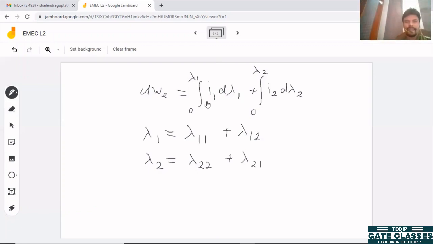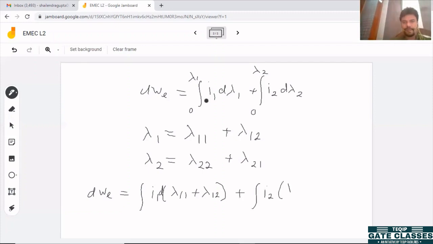So putting in these values, we can denote here I1 d of (lambda 11 plus lambda 12) plus I2 d of (lambda 22 plus lambda 21).